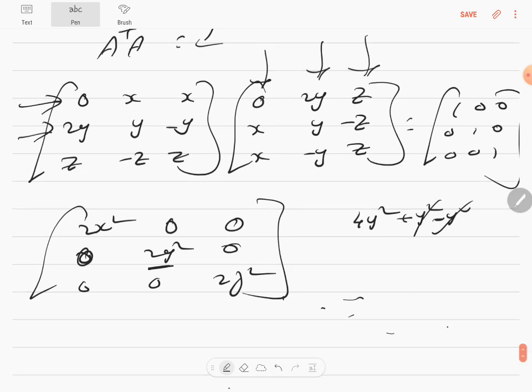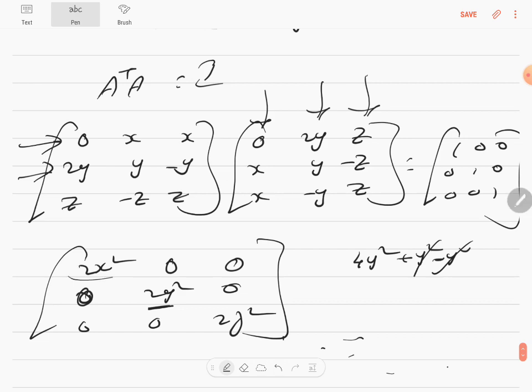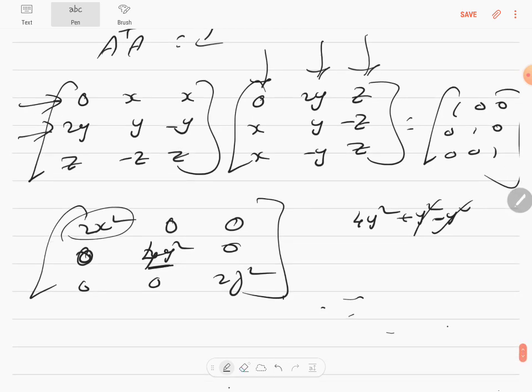Second row, second column. Have I done a mistake here also? Let me check the first row, first column. It will be x square plus x square. Let me check the third one. Third row, first column is zx plus zx, so 0.